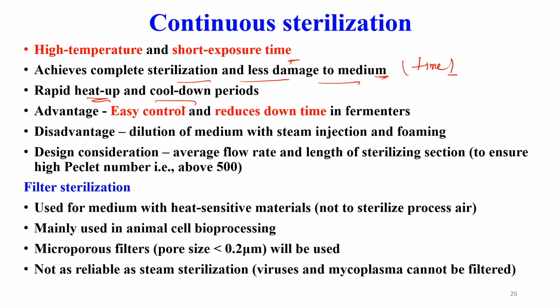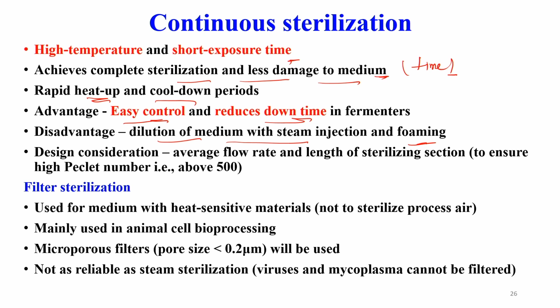It is achieved by rapid heat up and cool down, and as it is a continuous process, it has certain advantages like easy control, and it reduces the downtime because the total time required for sterilization is short. The disadvantage is that if you are using steam injection, there will be dilution and there can also be foaming.